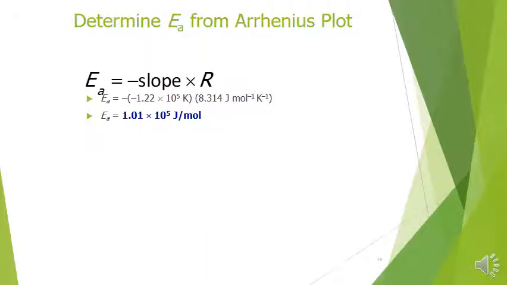So that's what we did here. We took the slope and multiplied it by R. Now the R is going to be specific in terms of joules per mole. The universal gas constant that we've used before is 0.0821 liter atmospheres per mole Kelvin.